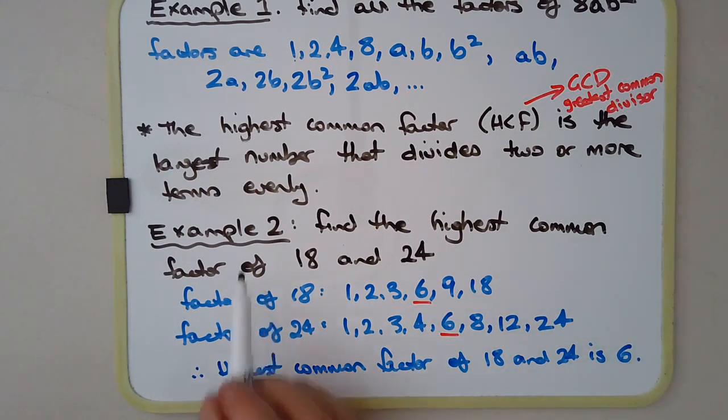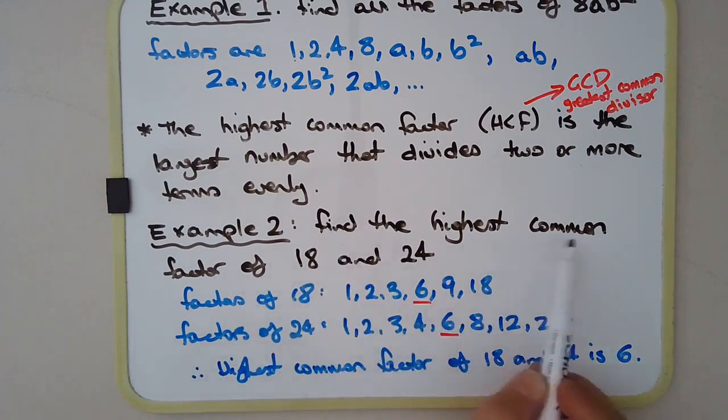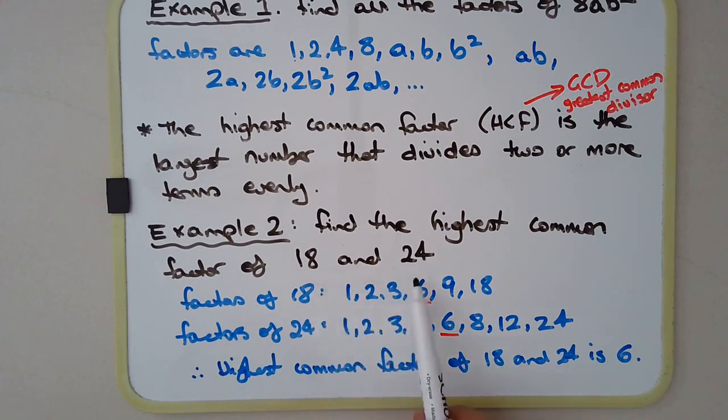Let's have a look at example number 2, just looking at numbers only. Find the highest common factor of 18 and 24. We'll list the factors of 18 first: 1, 2, 3, 6, 9 and 18. We're just looking at the numbers that can divide 18. What about the factors of 24? There's actually a few more: 1, 2, 3, 4, 6, 8, 12 and 24.